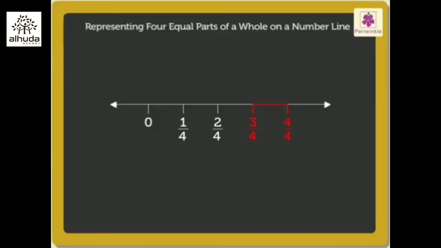And lastly, 3/4 to 4/4 is the fourth and last part of the whole. Here, 4/4 is equal to 1, as 4 divided by 4 is equal to 1. Thus, 0 to 4/4 represents the whole, as the whole is divided into 4 equal parts.